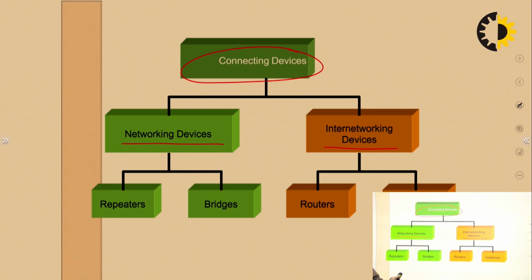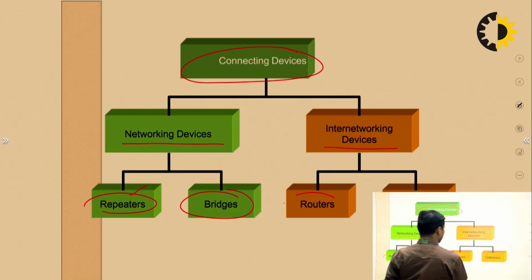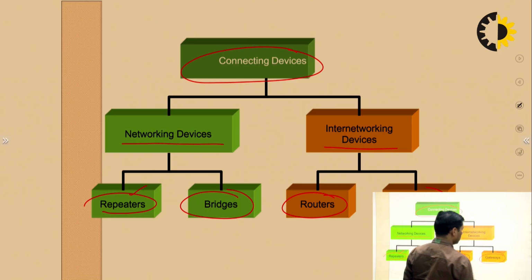Networking means one network to one network connection. Internetworking is where, with the help of the internet, we communicate from one LAN to another LAN. The networking devices are repeaters and bridges, and routers and gateways are used as internetworking devices.